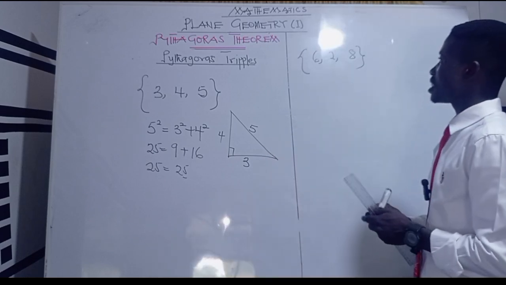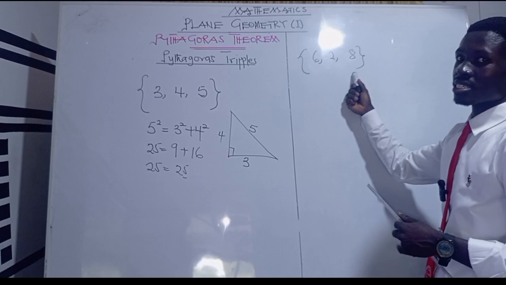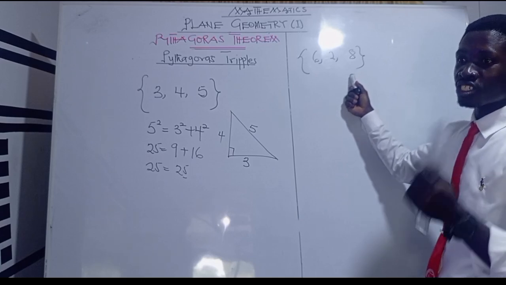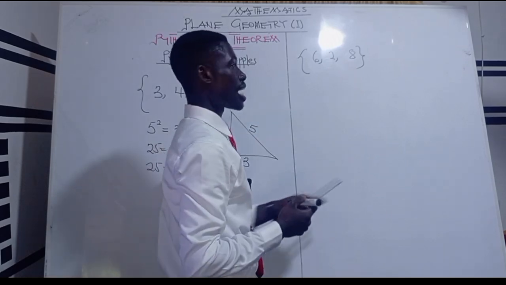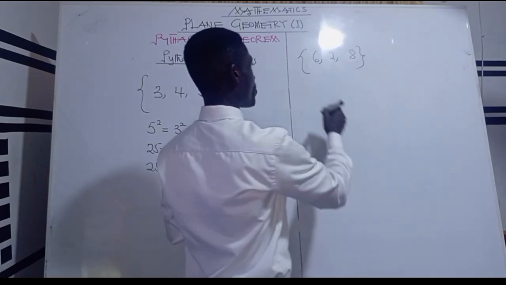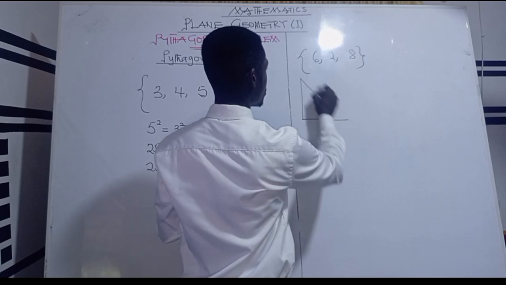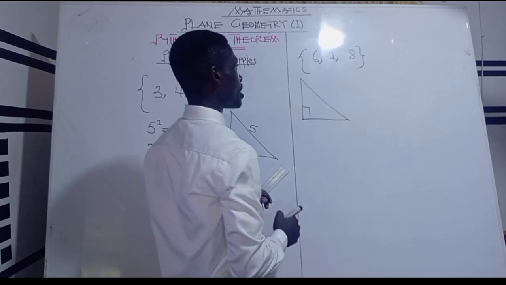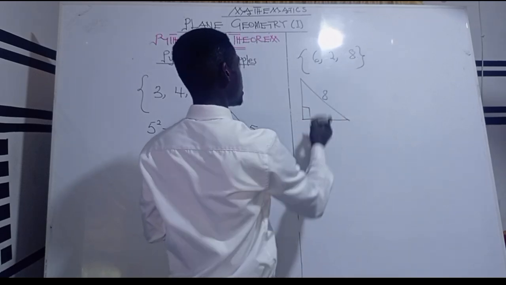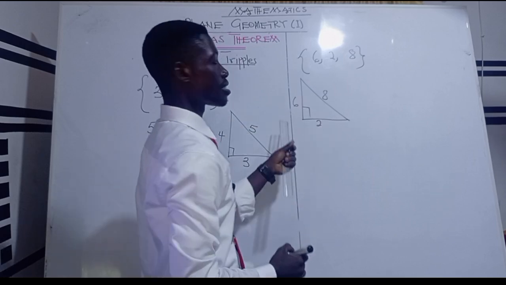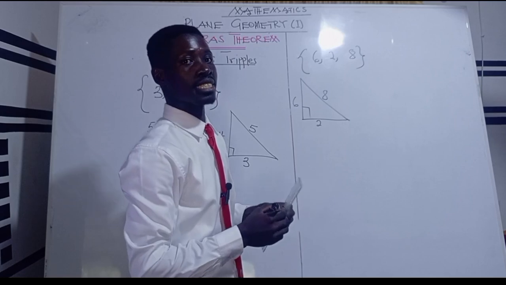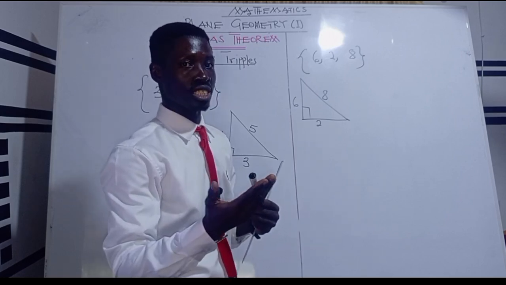Let's verify to see if this set of numbers are Pythagorean triples. So we know that the longest side is the biggest number. So if we are to draw the right angle triangle, we are going to get this. The longest side, which is 8, and then the other 2 sides are this. The other 2 sides, you can interchange them, it will never change anything.